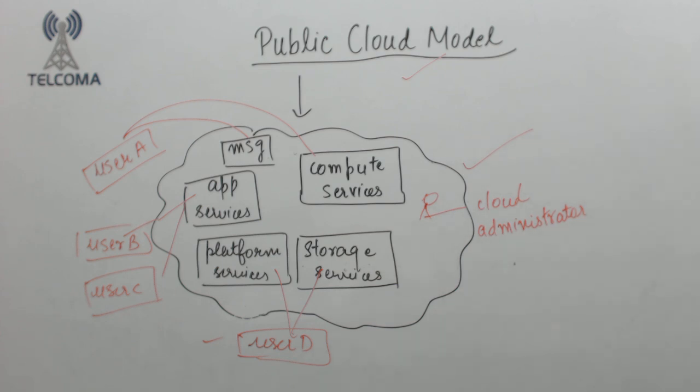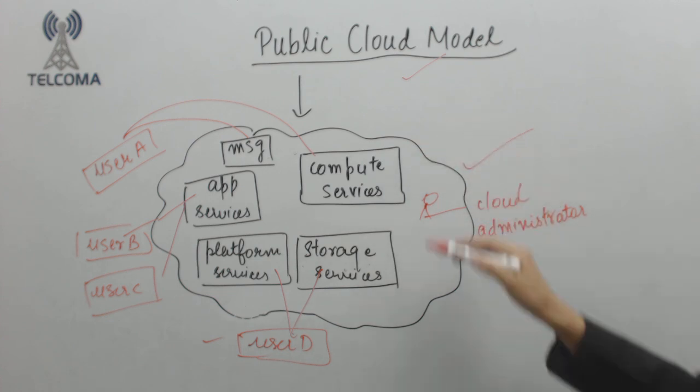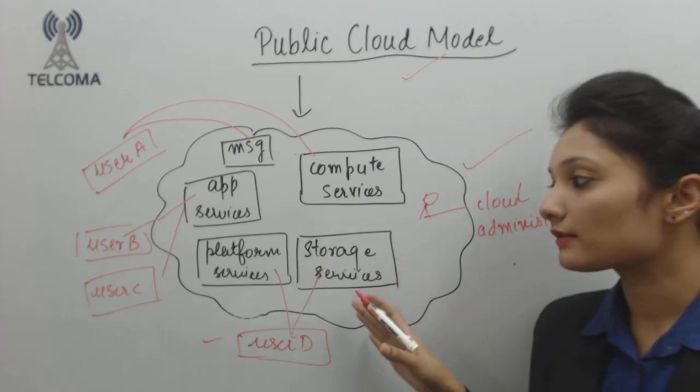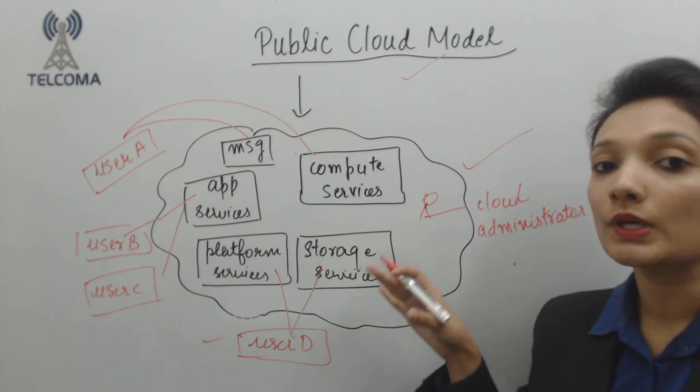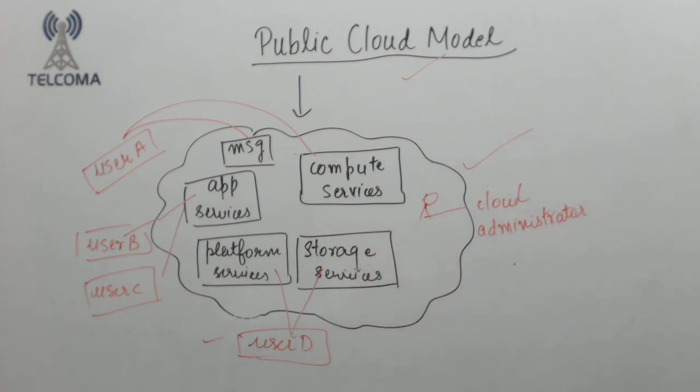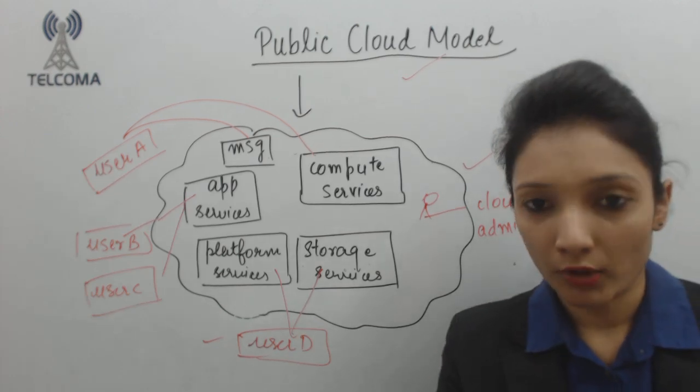This public cloud model has various benefits. When we are providing services, we are using various storage services, we are enabling virtualization, and then we are providing the services to the users. Now we will see what are the various benefits of the public cloud model.